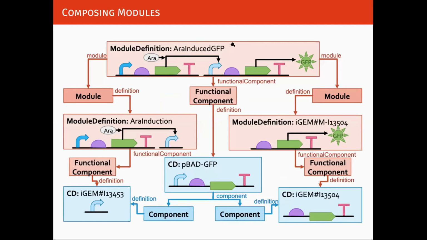So this module definition is composed of two modules. One module is the arabinose induction unit, and the other module is the GFP producing unit. And then this part down here is expressing how this module is constructed from one part. This promoter basically is stitched on to this module over here.